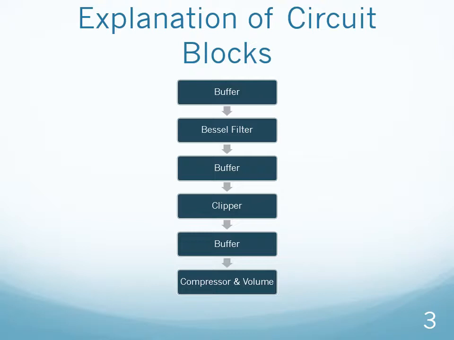The volume is what you'd expect, it just boosts the signal. The compressor, what it does is, once the signal goes past a certain voltage threshold, the amount of gain past that threshold can be reduced to essentially clamp down the signal to compress it.